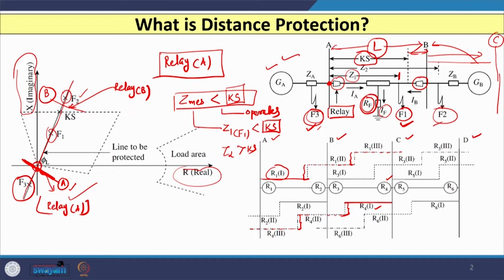If we consider a considerable value of fault resistance, whenever a single line to ground fault occurs, the impact of fault resistance is very important, because in case of a single line to ground fault, the tower resistance plays an important role, then you have ground resistance and arc resistance. So, the effective value of fault resistance is of the order of, let us say, 50 or 100 ohm.